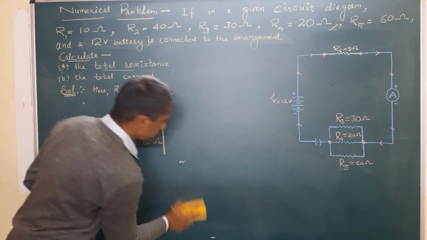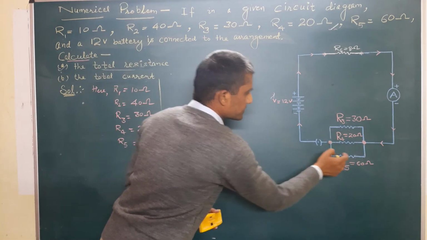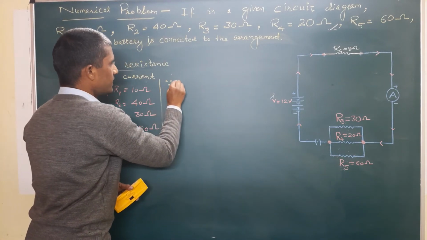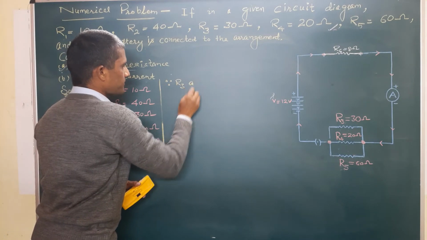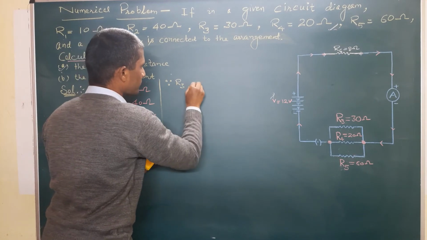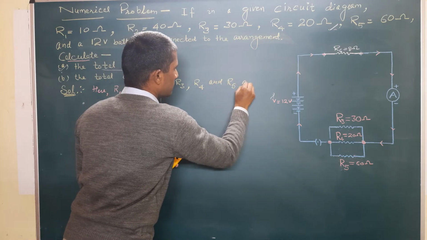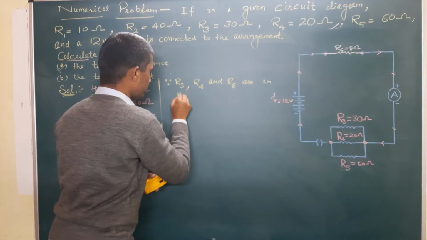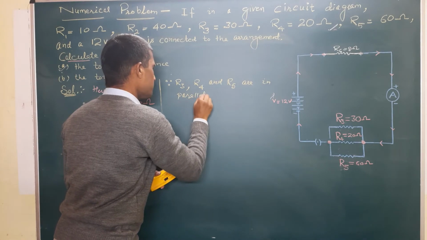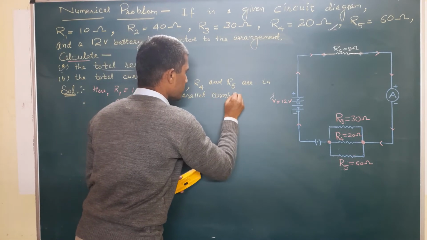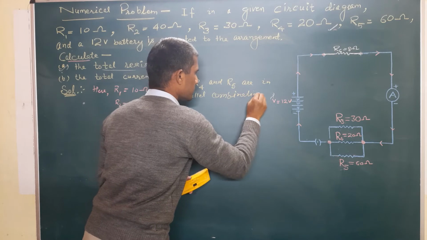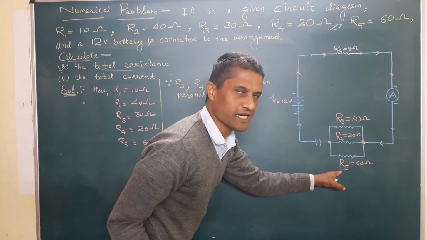Now the second part is that these three resistors, R3, R4 and R5, are in parallel combination.